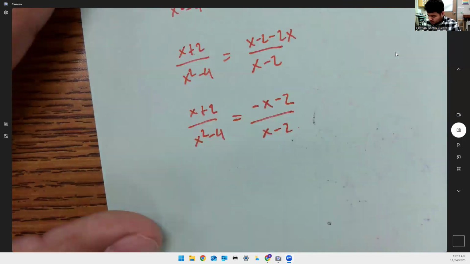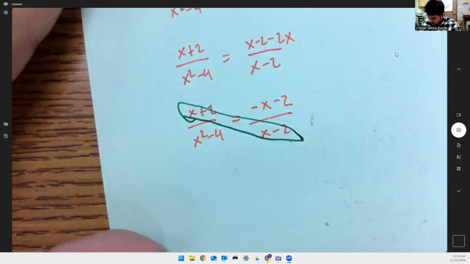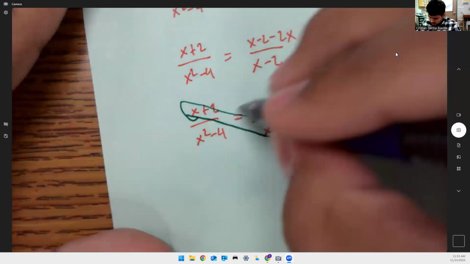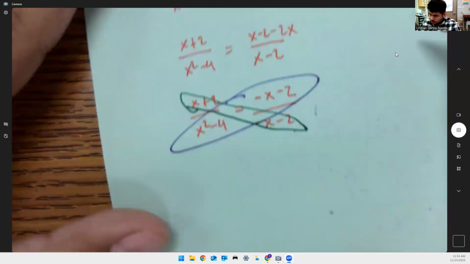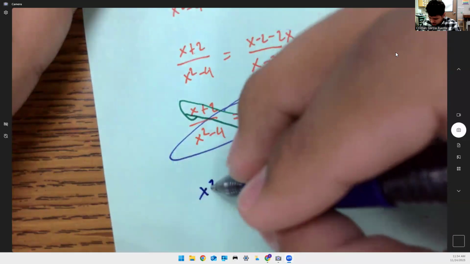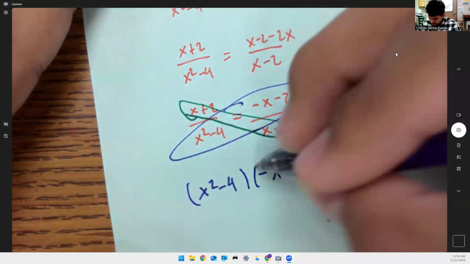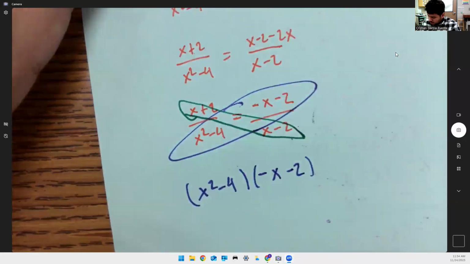And now we can cross multiply. Circle your diagonals. What I circle in my blue circles is x squared minus 4 and negative x minus 2.